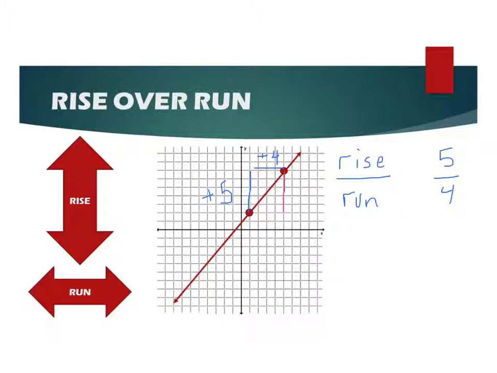Since I went down, that's a -5. And to get to that point, I'm going to go to the left 1, 2, 3, 4. Since I'm going to the left, that's a -4. My rise was -5. My run was -4. Negative over negative gives me a positive, so this is still going to be a slope of 5/4.